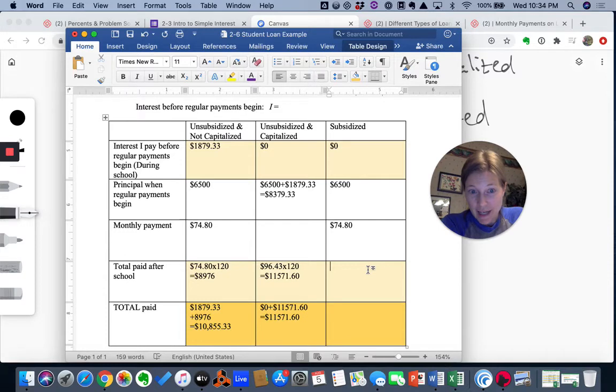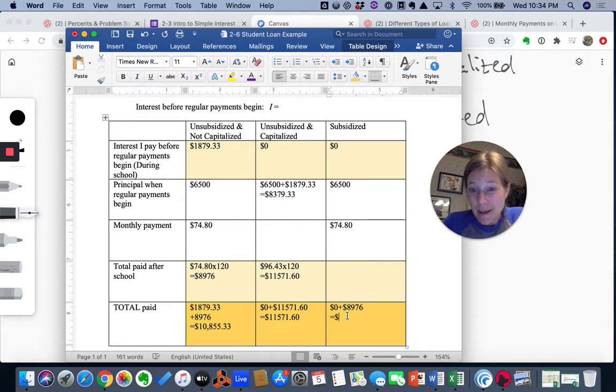Now if it's subsidized, remember that this is my monthly payment, the same as this thing. It's still 120 months, the same number of years. The total that I pay out of school, this box and this box, same number. But what's different is that I have 0 interest that I already paid, plus that amount that I pay out of school.